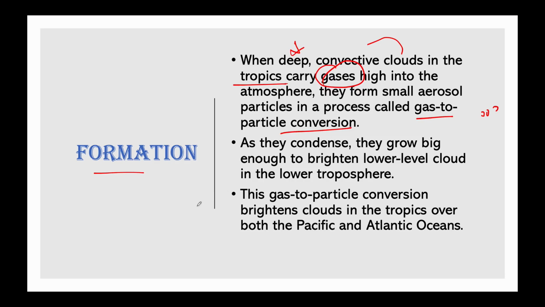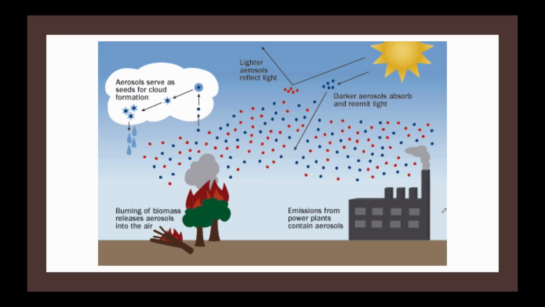Then the process of condensation takes place. These particles grow big enough to brighten lower-level clouds in the lower troposphere, and this gas to particle conversion whitens and brightens the clouds over the tropics of both the Pacific and Atlantic oceans.